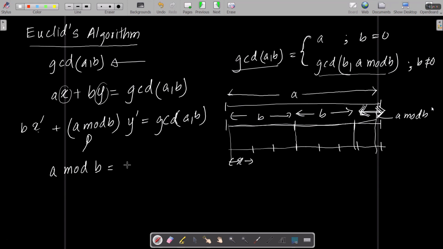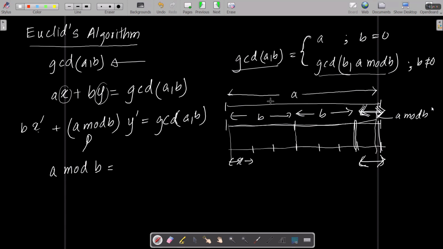So how we can do this is, now say we have, how to explain that? So here you can see that A mod B is this distance. How we can take this distance using B and A?